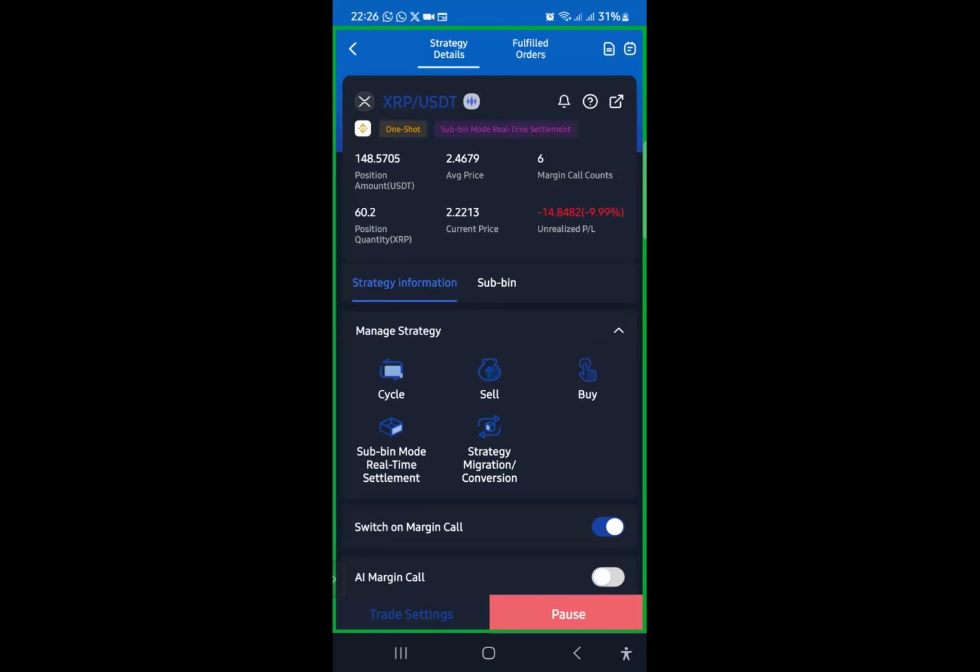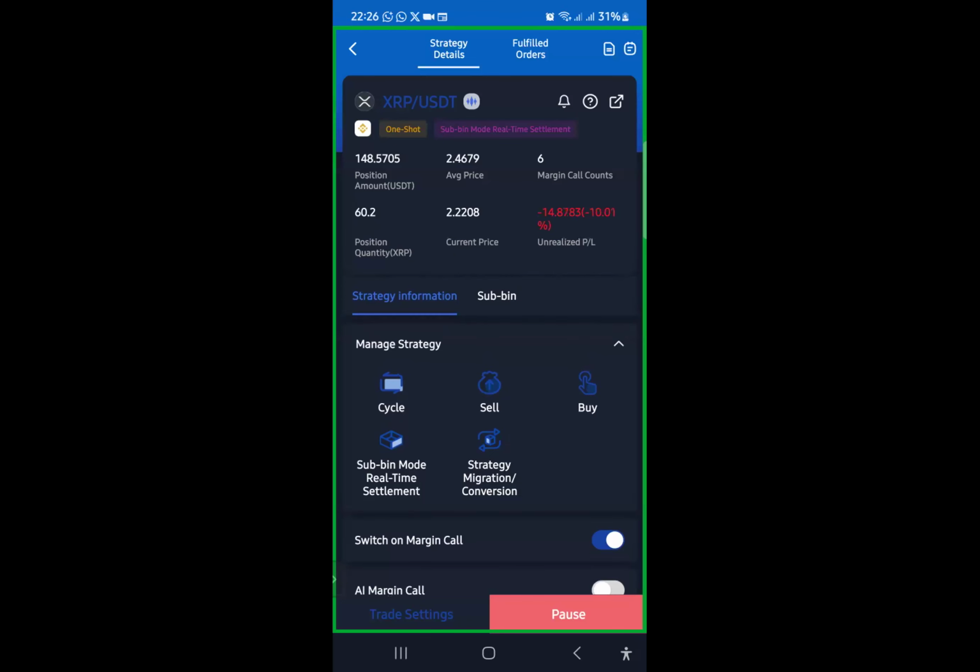148.5705 in this trade. When we go into your exchange, we are not supposed to see 148. Why? Because the asset has depreciated in value by now about 10%. So if I calculate 148.5705 times 10.01%, that would be 14.8719 something.